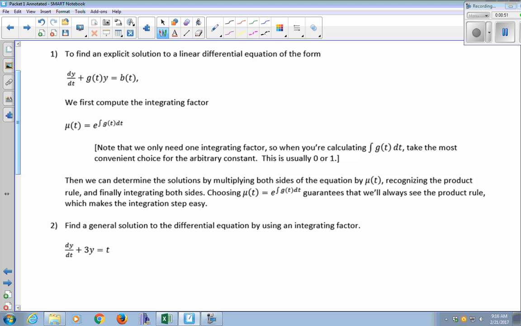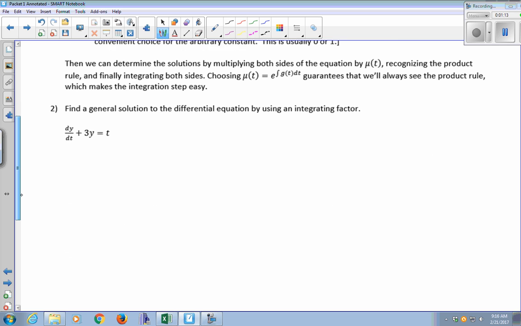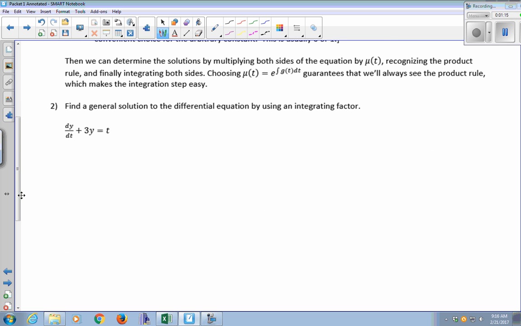Note that you only need one integrating factor, so when calculating that integral, just take the most convenient choice for the arbitrary constant, typically 0 if it's plus c, or 1 if it's like k e to the t. Then we can determine solutions to the differential equation by multiplying both sides by mu of t. Once you multiply both sides by mu of t, you're going to see the product rule, which makes integrating both sides easy.